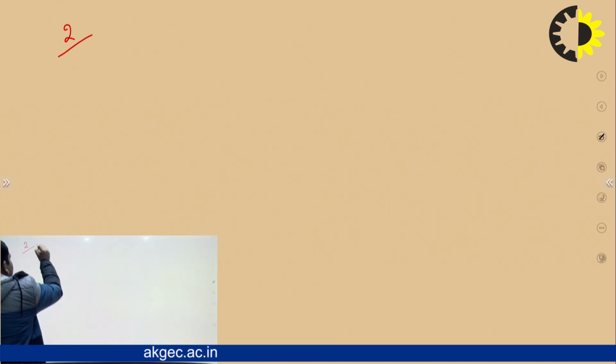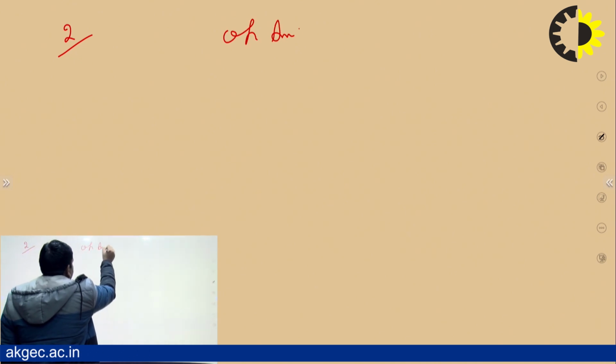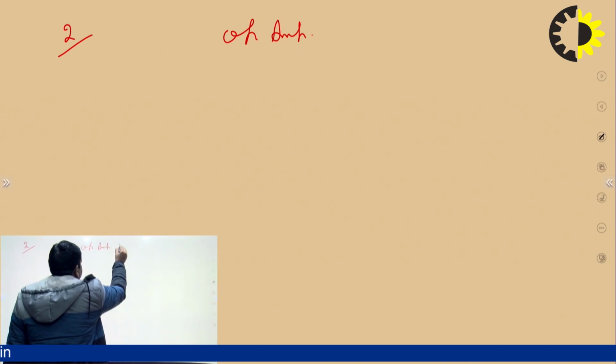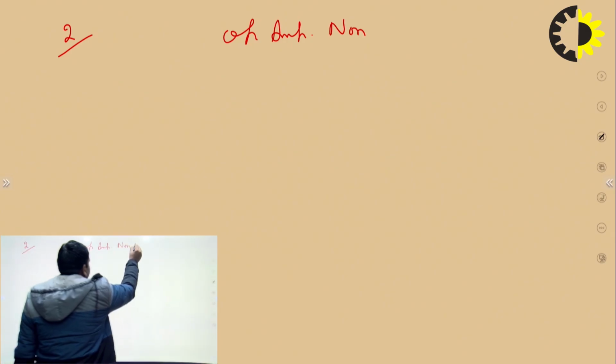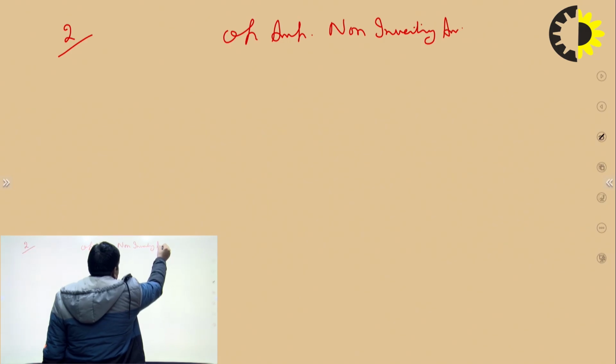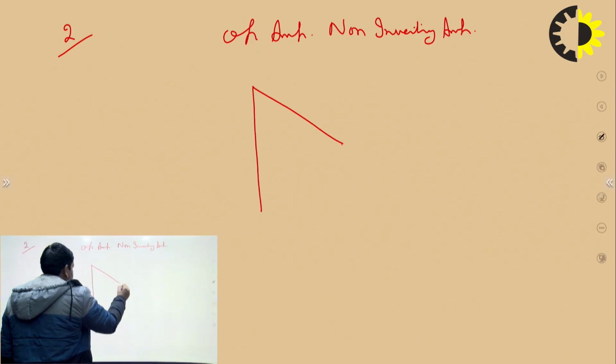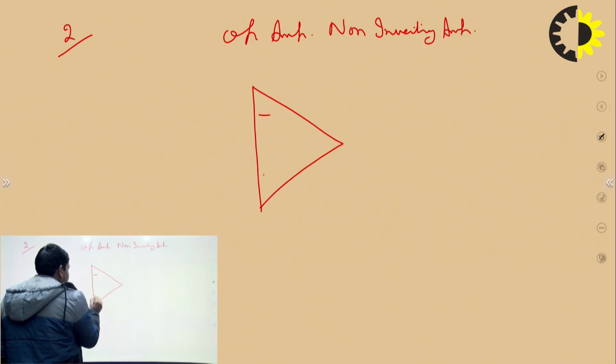The second case is if we use the op-amp as a non-inverting amplifier. What is the meaning of the op-amp working as a non-inverting amplifier? In the non-inverting amplifier, this is minus, this is plus.